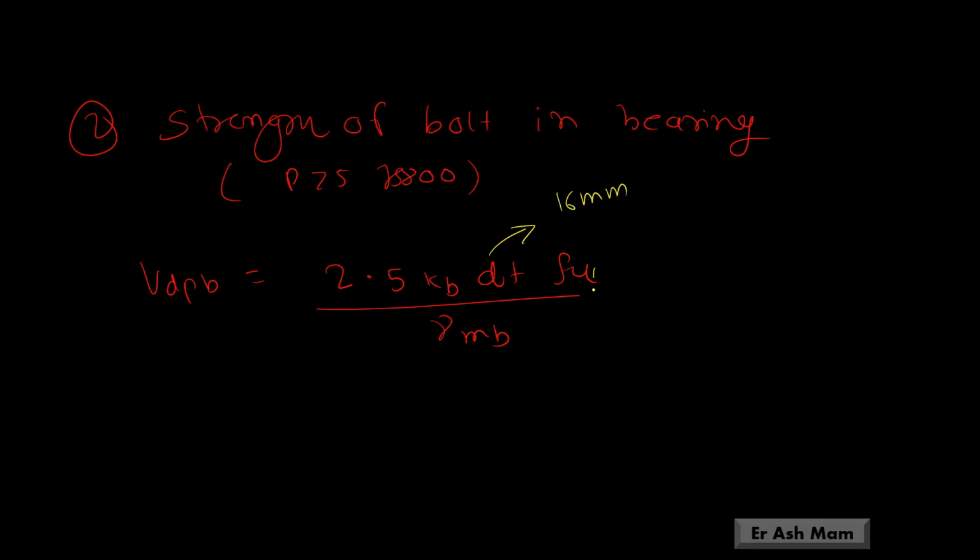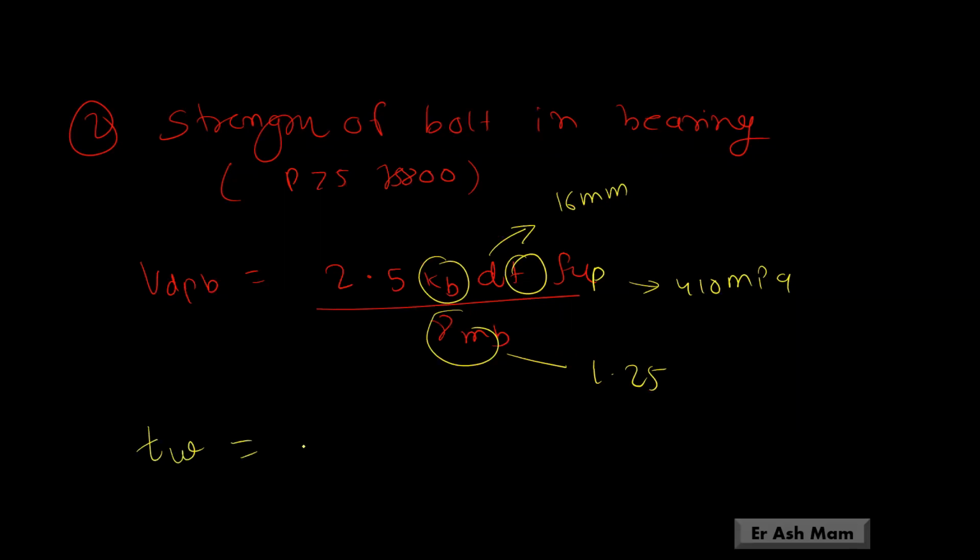The ultimate strength of plate is 410 MPa. Gamma mb is 1.25. kb we can calculate, and next is t. t should be the smallest of all plates. So we know that the thickness of the web is equal to what?